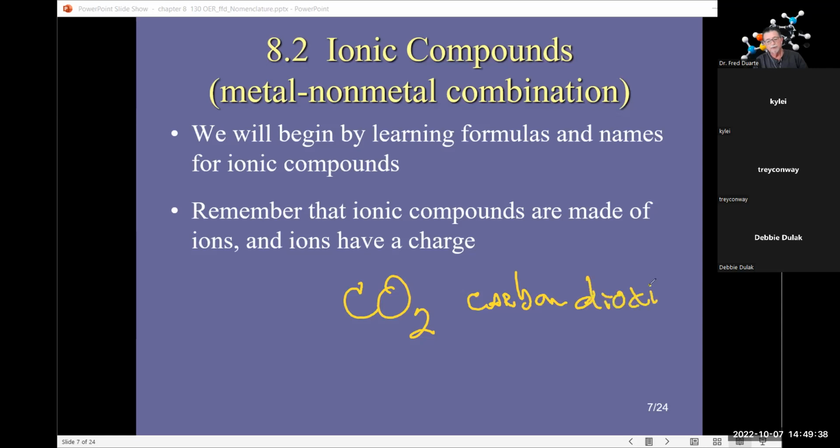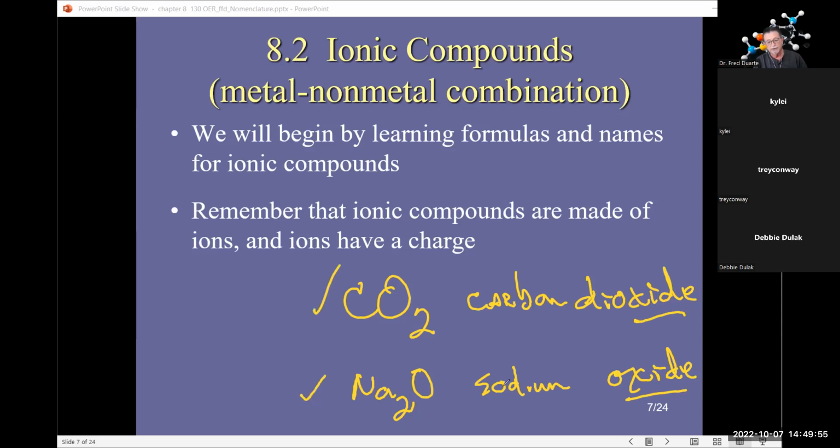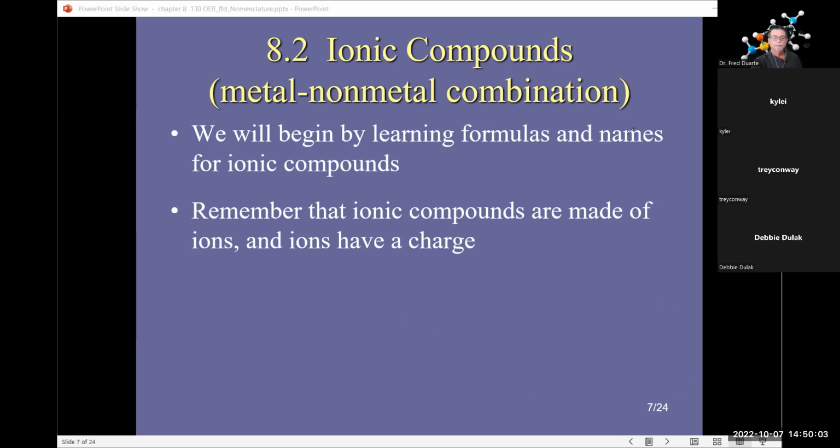We're all familiar with this. And then this one is ionic, and this is called sodium oxide. And so for oxygen being either bonded covalently or bonded ionically, we still maintain oxide, the same name, for both types of compounds. And it's true for the fluoride, the halogens, and all of the other ones.